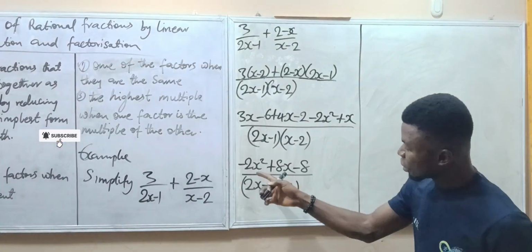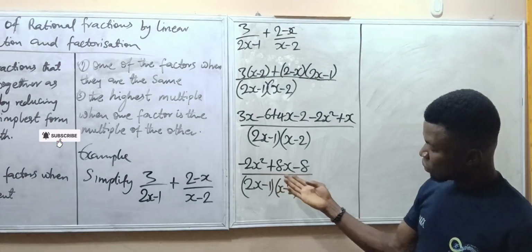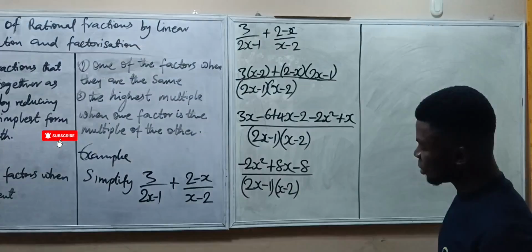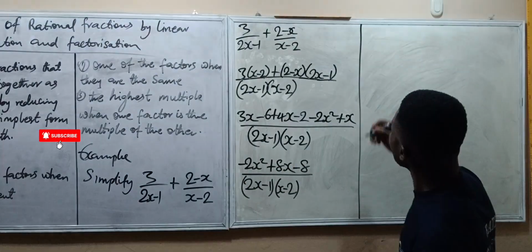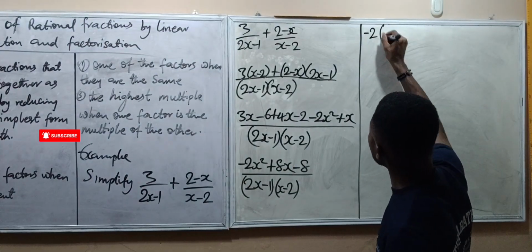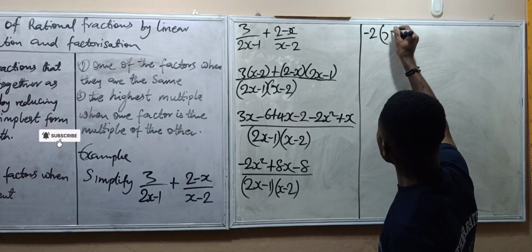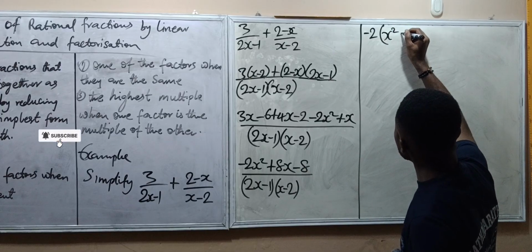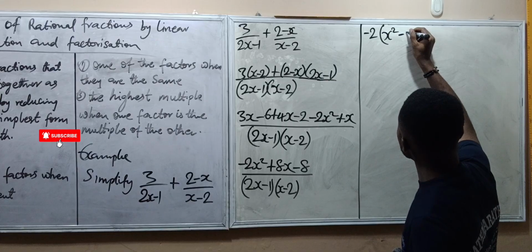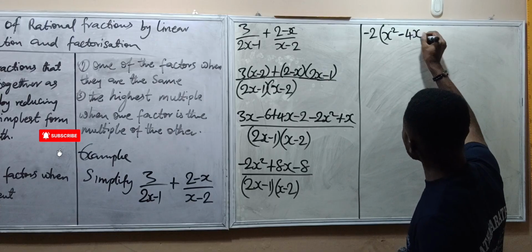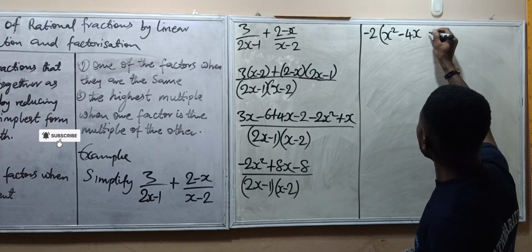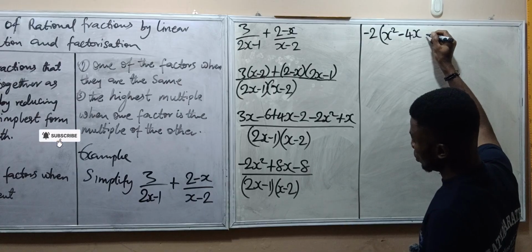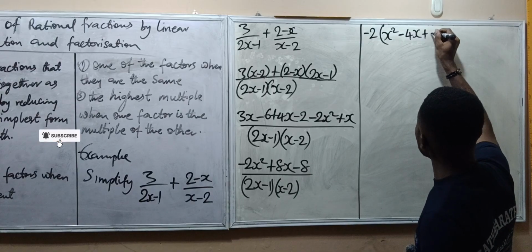So what do we do? We factor out from here. Of course, 2 can just divide the whole thing, but let's just factor out minus 2. When you factor out minus 2, we have x squared minus 4x, and then plus 4.